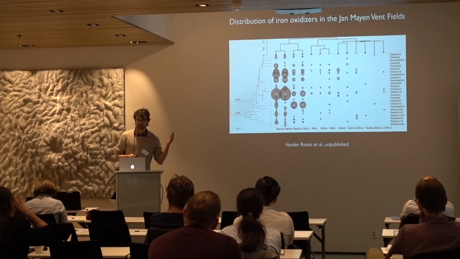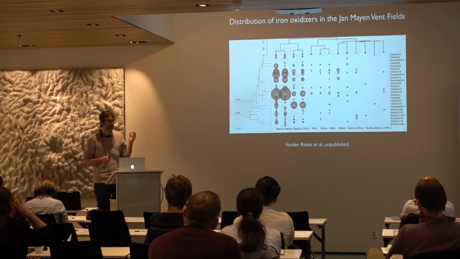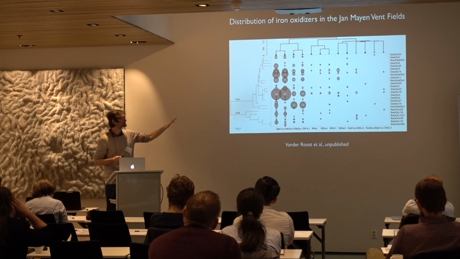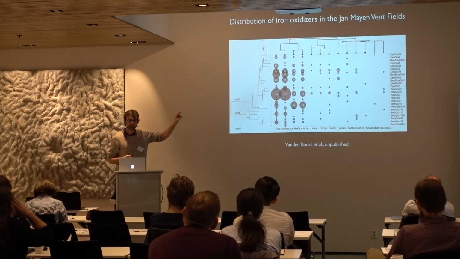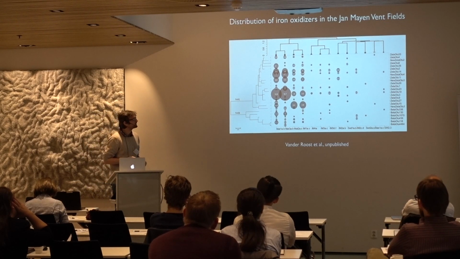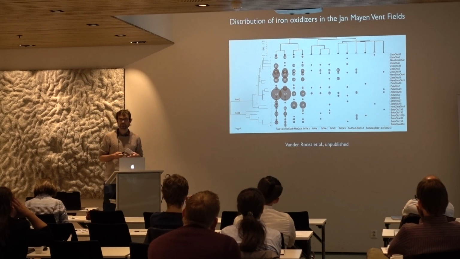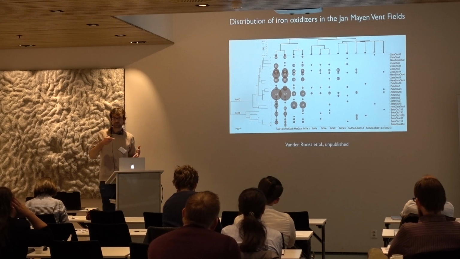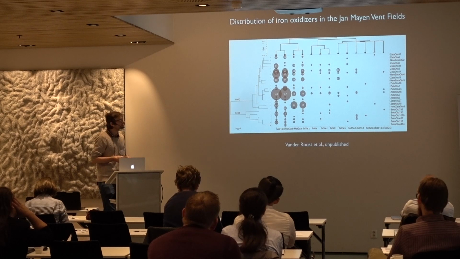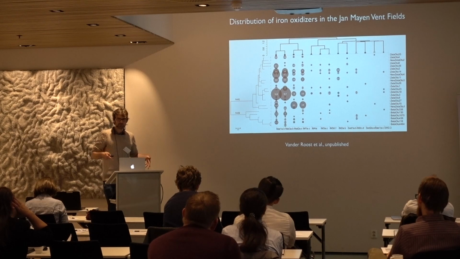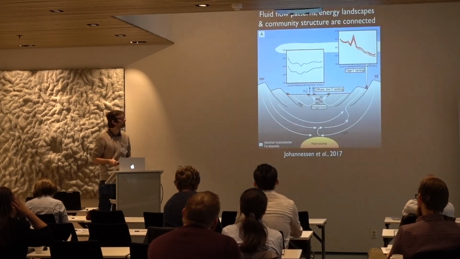We really believe from our data that the density of iron oxidation is highest in the spots where we see the highest abundances of iron oxidizers. We also have evidence that there is really a lot of iron available compared to, for example, sulfide.